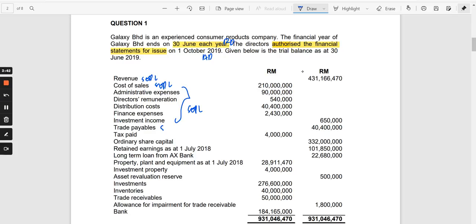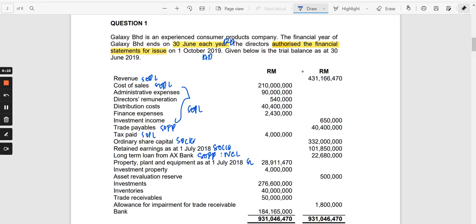This will be in the SOFP. This will have to be adjusted, and the tax paid later will have to be adjusted, and this will relate to the item in the SOPL. So we need to do adjustment on that. Share capital and retained earnings go in the statement of changes in equity. Long-term loan is under your statement of financial position, as a non-current liability.